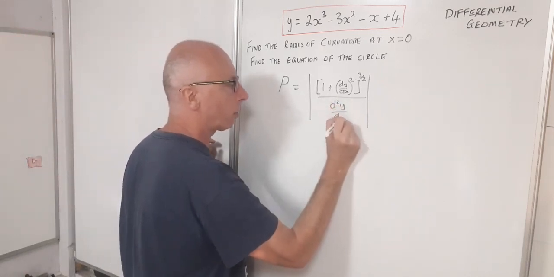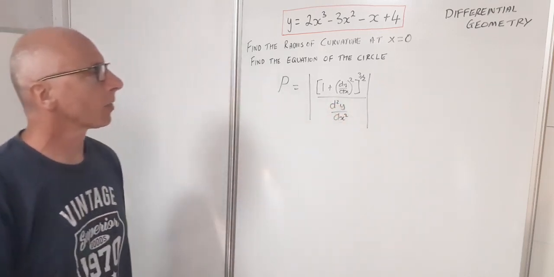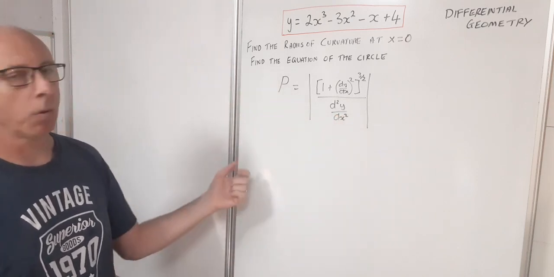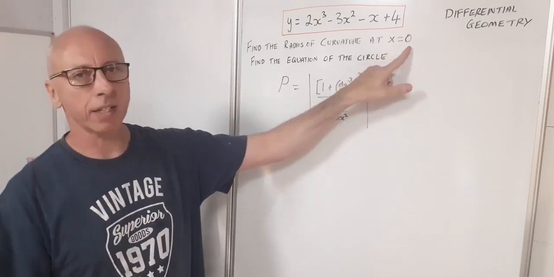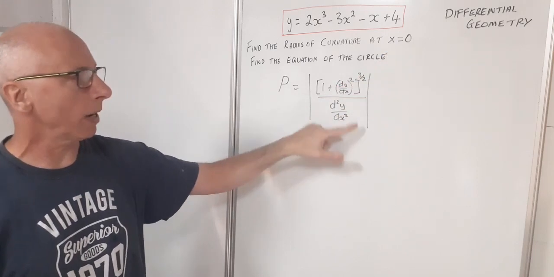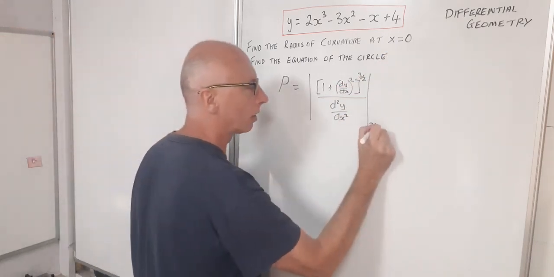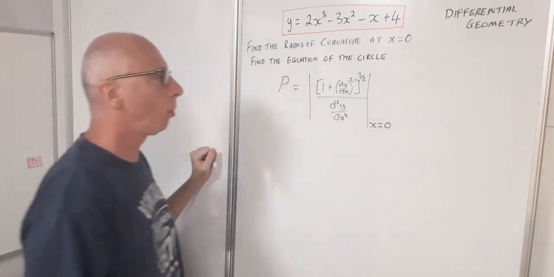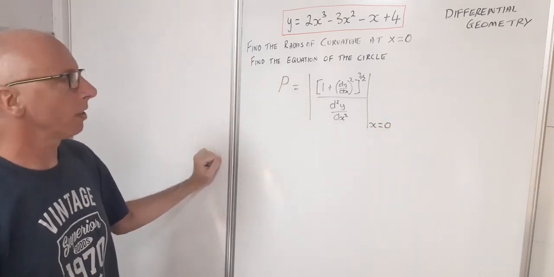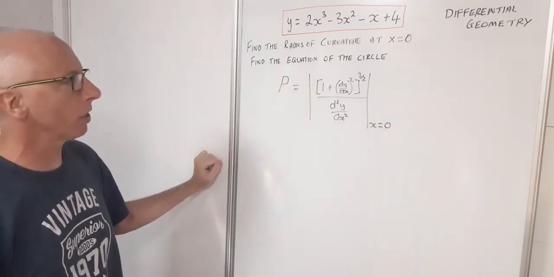So that's d squared y dx squared. Okay, and then to find the radius of curvature at x equals 0, we just evaluate this at x equals 0. So that's pretty much what happens for this radius of curvature part of the question.